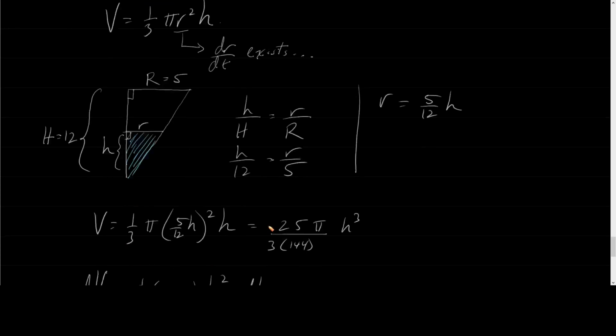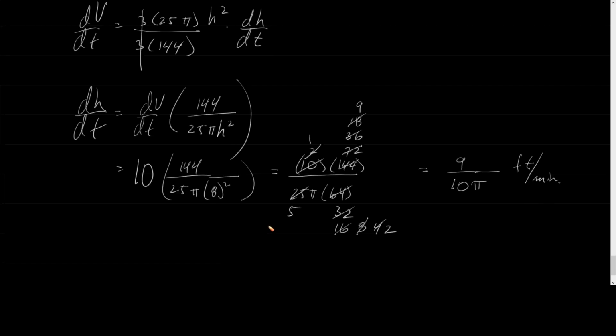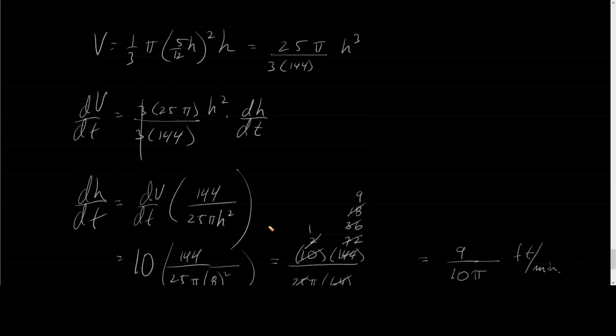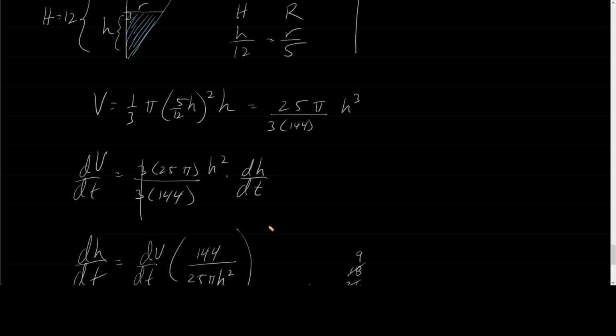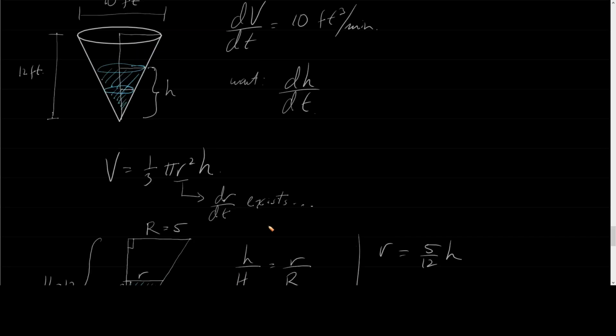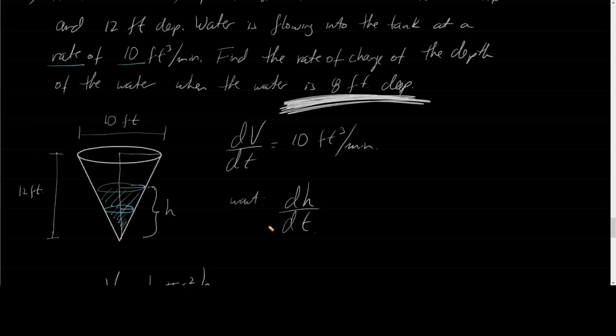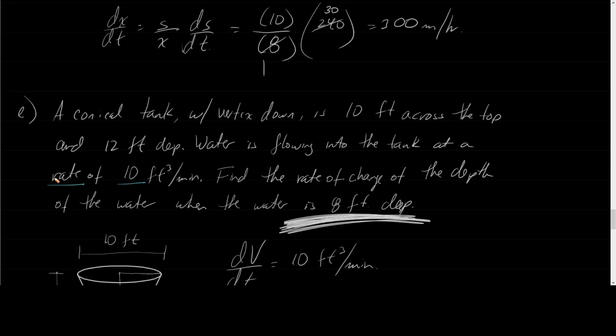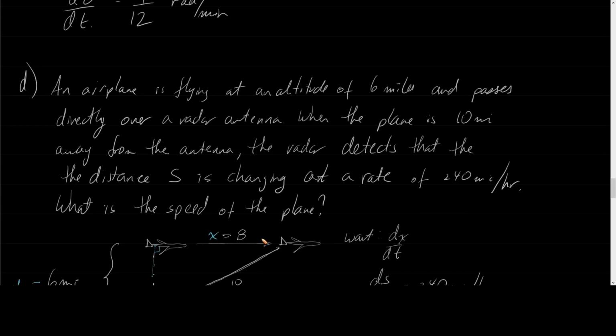After that, it becomes pretty much a whole bunch of plugging stuff in, right? The hard things with word problems are always the setups, being able to figure out what the setups are, and it's all a matter of being able to read the problems correctly. Look for keywords like rate. Once I have rate, that's telling me I've got some sort of derivative. Notice in all of these, they were all using the word rate in general.